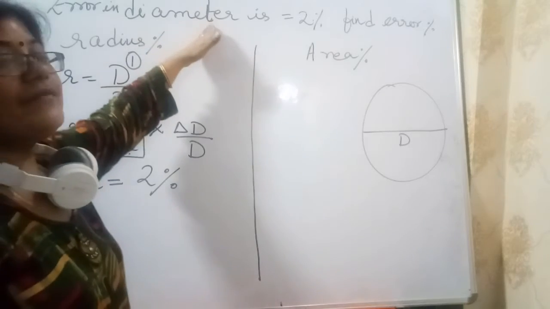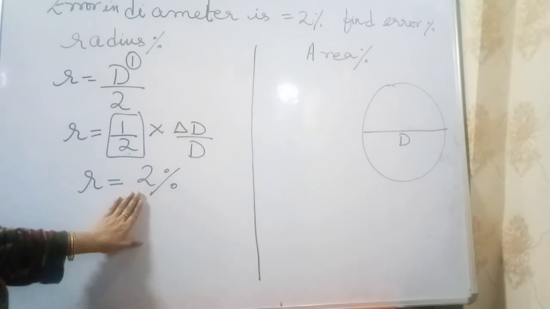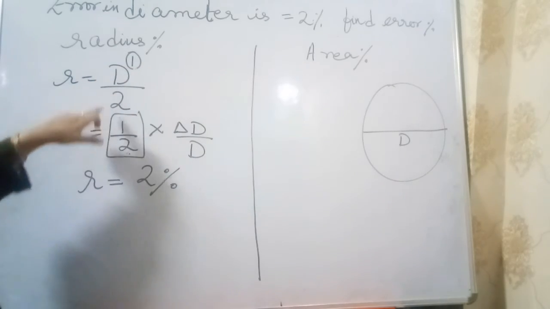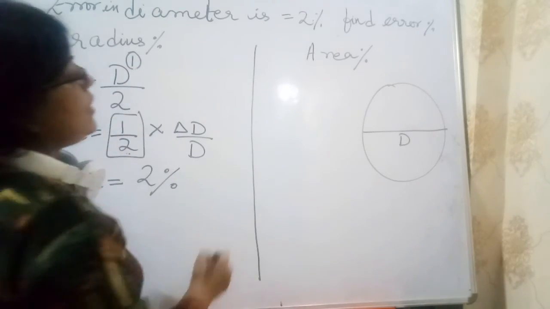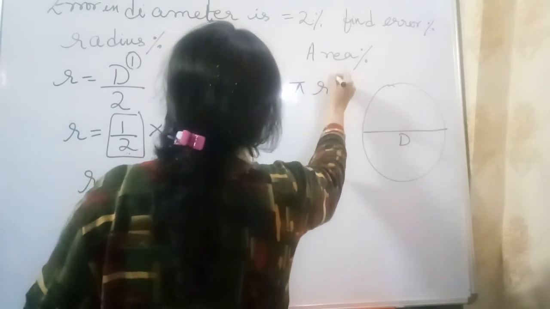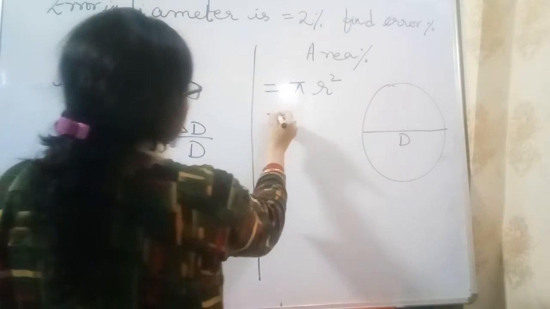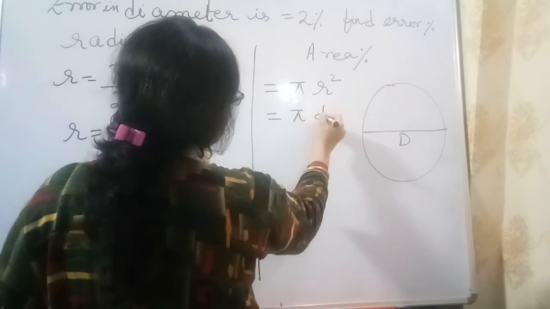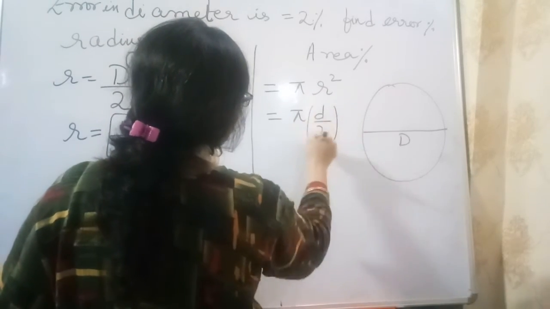The error which we have in diameter, the same error we have in radius, because only the powers are taken and not the coefficients. And now in case of area, we have the formula pi r squared. Now we have pi, in place of r we write d by 2 whole squared.